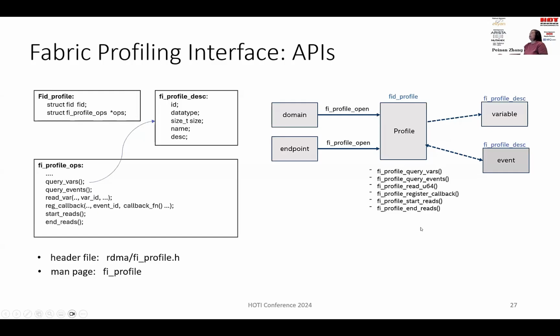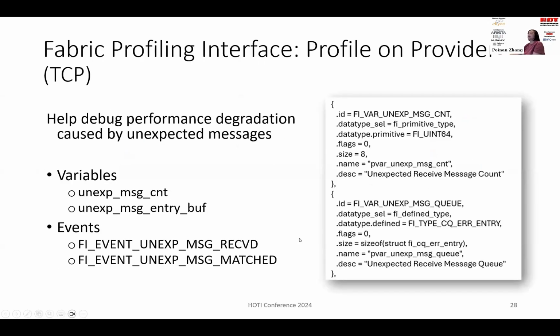Here, the variables and events are defined by the provider. So the provider needs to decide what is critical or meaningful in terms of helping debugging in the provider. Here I show some examples. We have a profile added to the TCP provider.